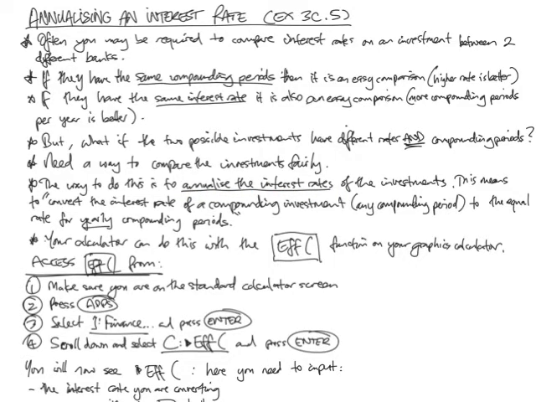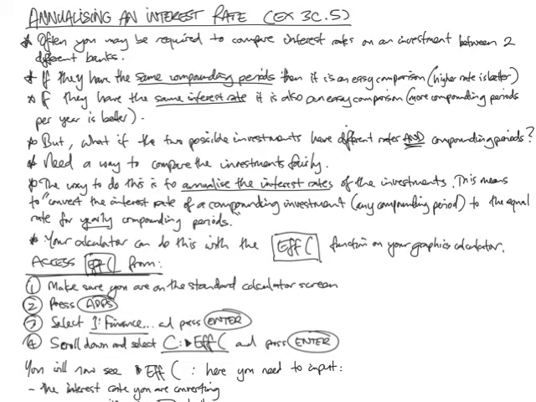The best definition of it is you're converting the interest rate of that compounding investment, whatever the compounding period is, to the equal rate if it was yearly. So you're just changing it to what the interest rate would be if it was compounding yearly instead of whatever the compounding period was for the rate that they're saying.